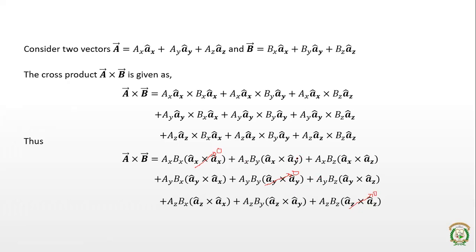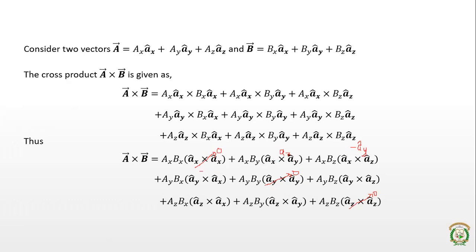Ax cross ay is the third vector, that is az. What is ax cross az? Ax cross az is minus ay. What is ay cross ax?